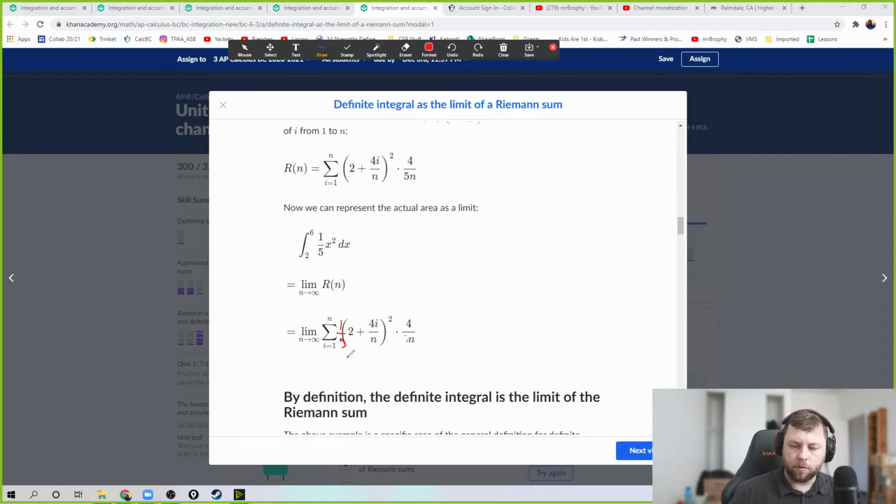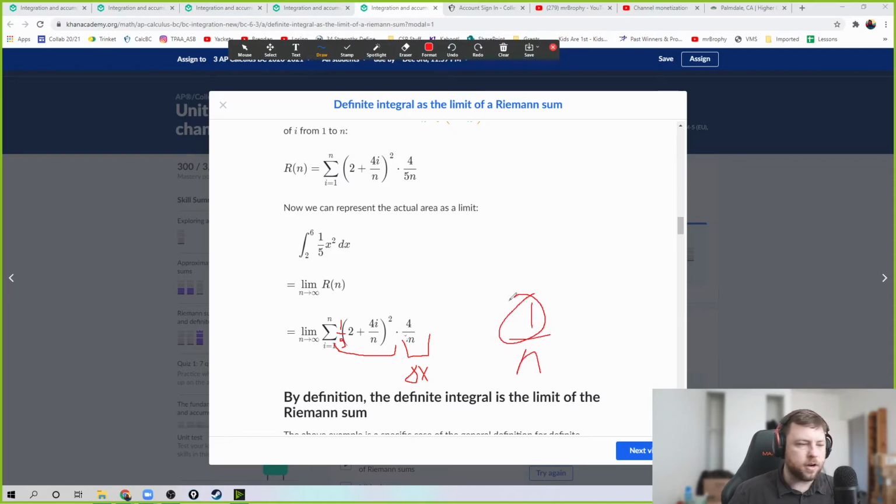So, one point to this. You're always going to have, like, the function part. You know how, like, we had square root of x earlier for that previous problem? And this is going to be like my delta x part. This is the width of every rectangle. So one of the hints, if you're trying to solve this in multiple choice, is this is always going to be like 1 over n.